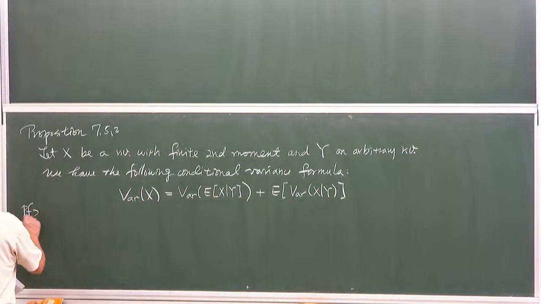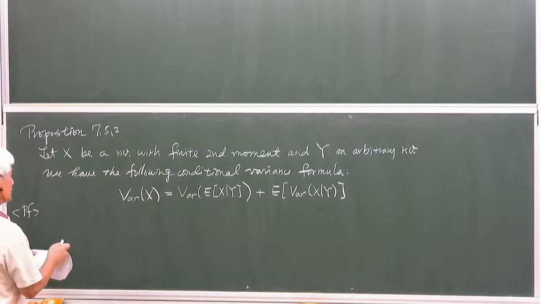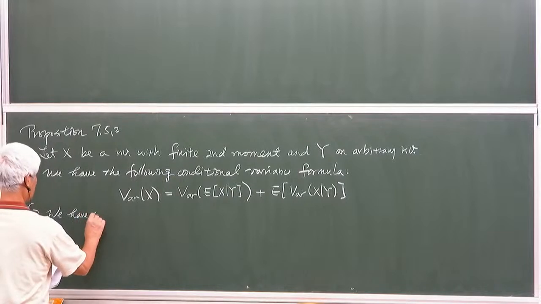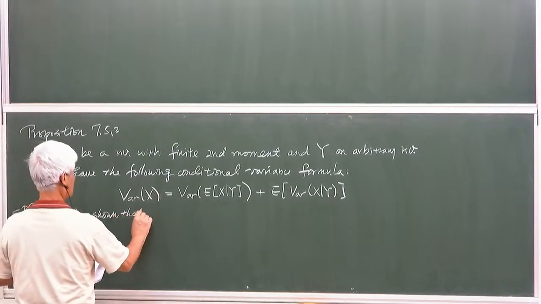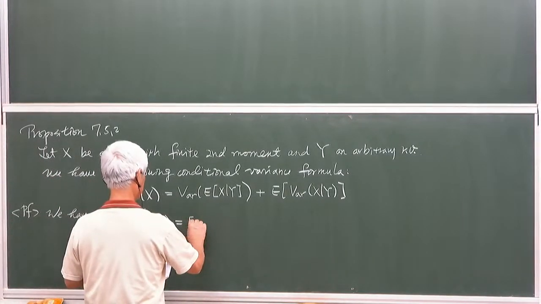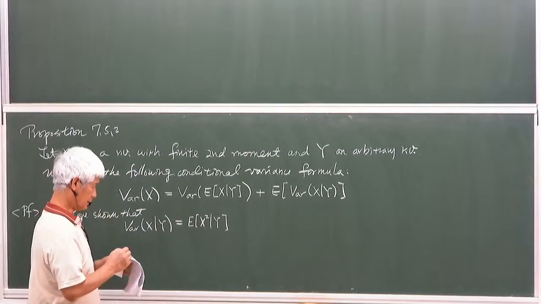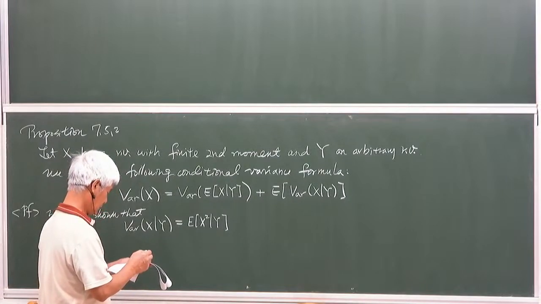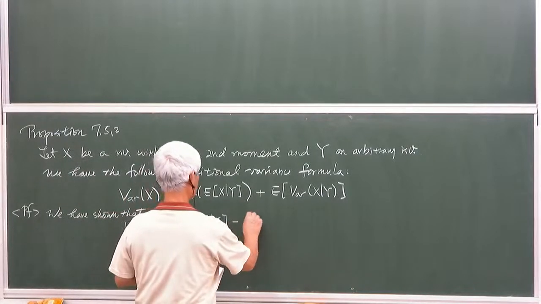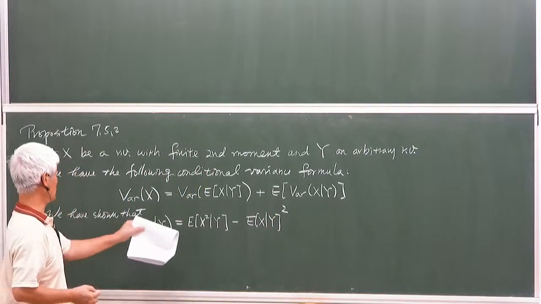All right. So we have shown that the conditional variance of X given Y is equal to the conditional expectation of X squared given random variable Y minus the square of the conditional expectation of X given Y. So we already showed that.